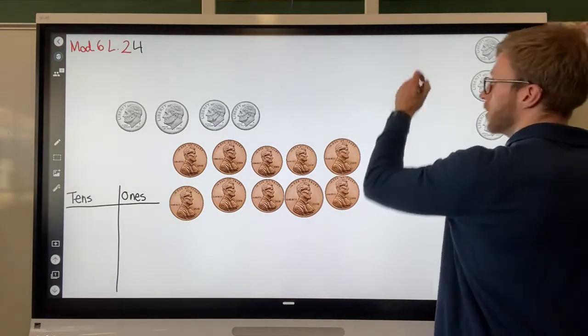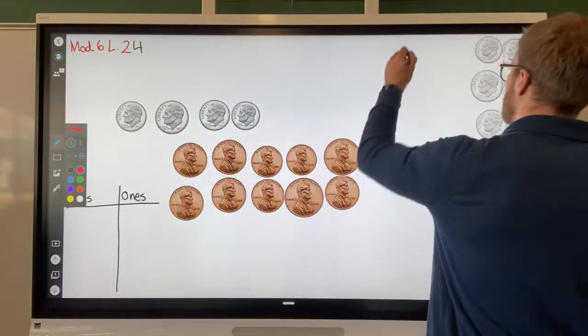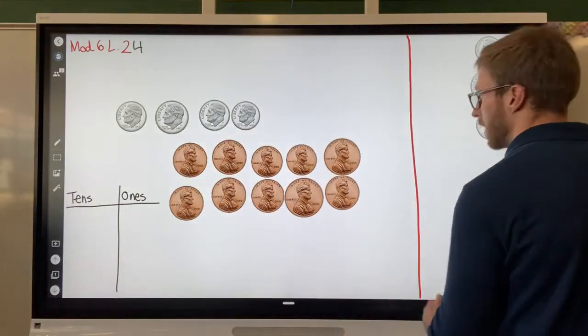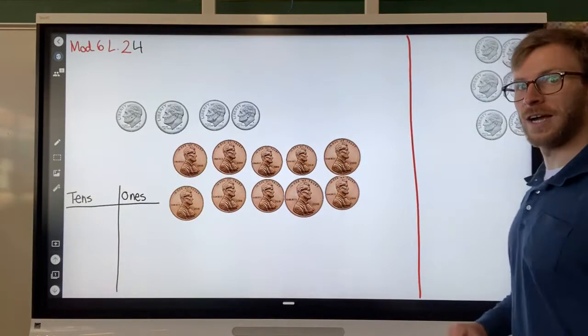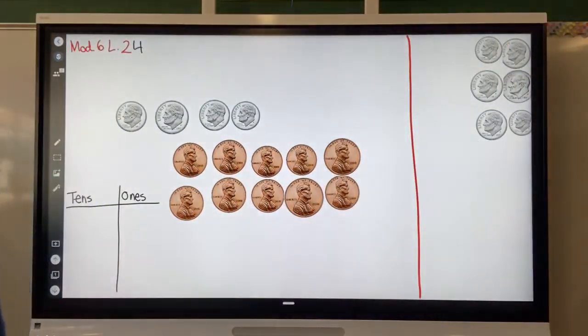All right, this is going to be my dividing line right now. Coins on this side of the red line is what I want you to add up, or try and figure out how much money we have there. I'll give you a couple seconds right now.